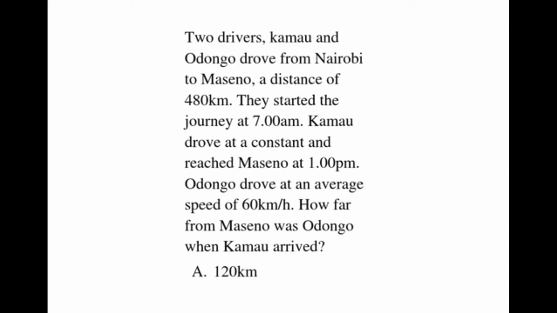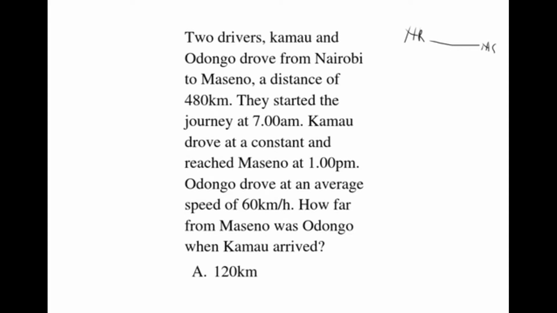First, let us analyze the question. We have 2 drivers, one is Kamau and the other one is Odogo, and they are traveling from Nairobi to Maseno. Therefore, we can have here Nairobi, Maseno.